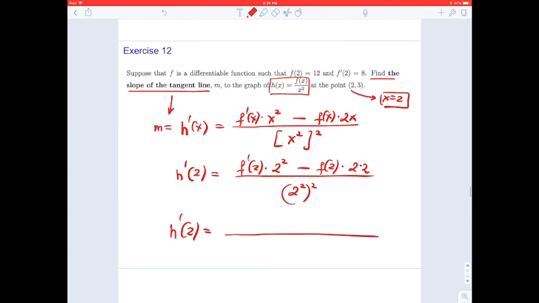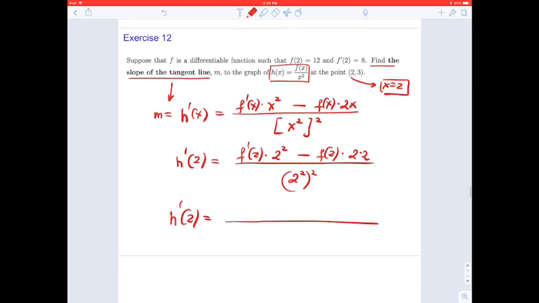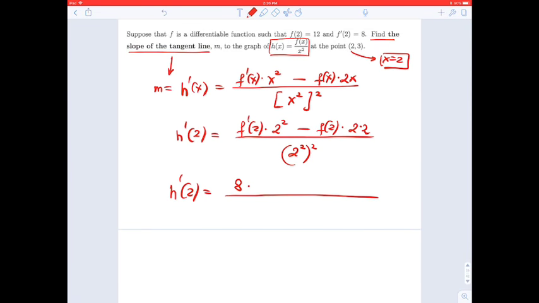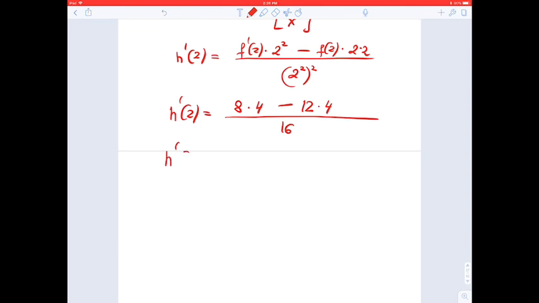f prime at 2, I need the value, f prime at 2 is 8 times 4, minus f of 2 is 12 times 4, and 4 squared is 16. Let's see. We can produce numbers, or we can do some tricks.